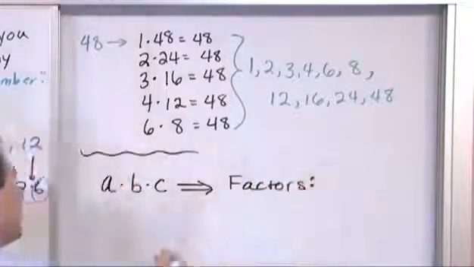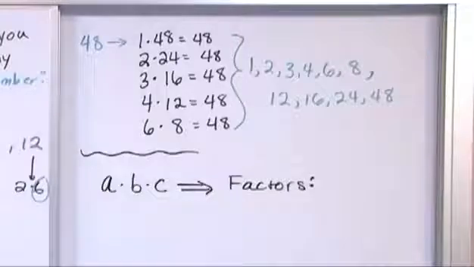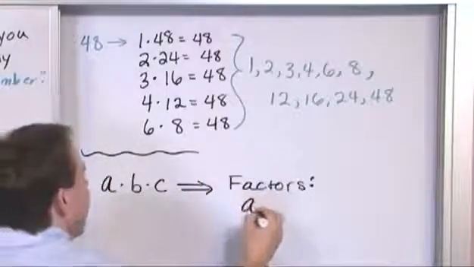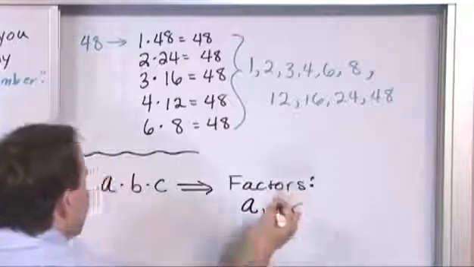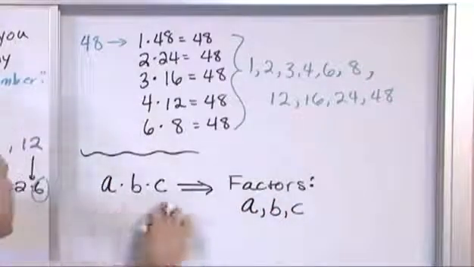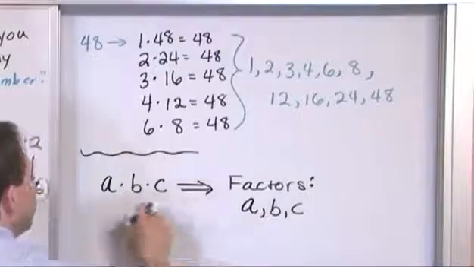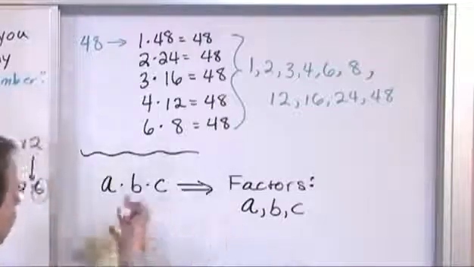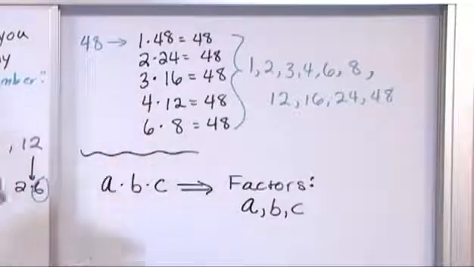Factors just mean what can be multiplied together to give you A, B, C. And the answer is just sort of staring you in the face: A, comma, B, comma, C, because these things are the only things that can be multiplied together to give you A, B, C. Another way to look at it, it's a little bit harder to see here, but it makes sense with the numbers.